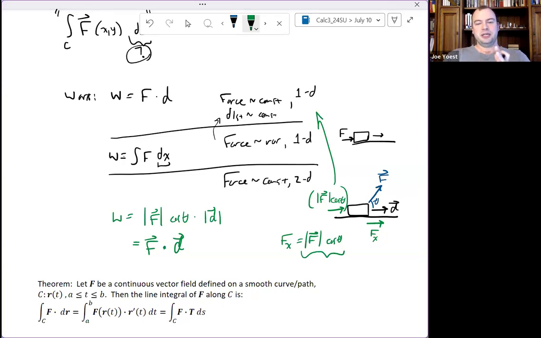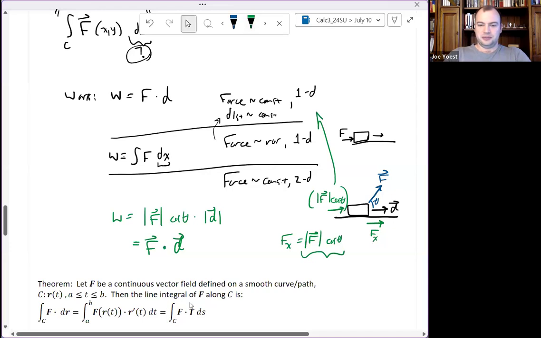When they're more perpendicular, most of the force, in an example like this, is maybe being wasted in a sense and just pulling against gravity and not getting anywhere, and only a little bit of the force is helping the box to move along. So in a situation like this, work is really the force vector dot the displacement vector, when force is constant.